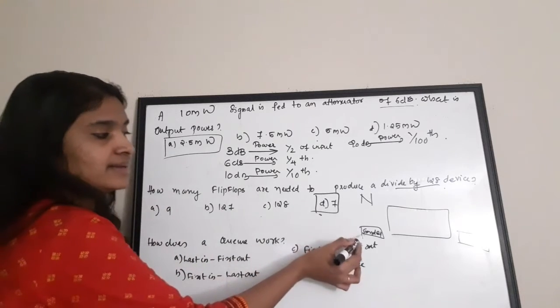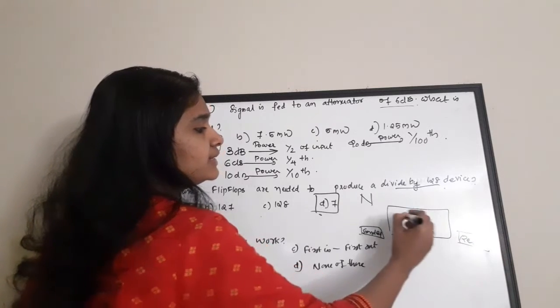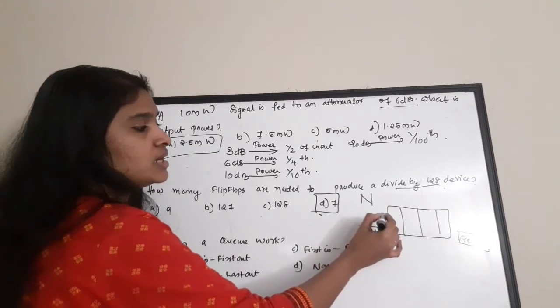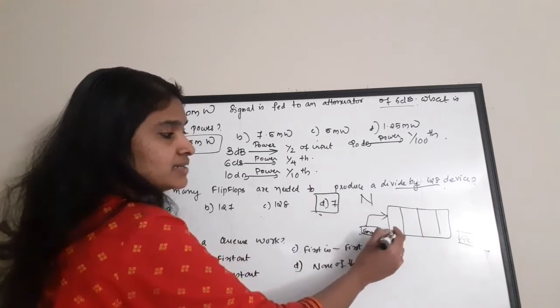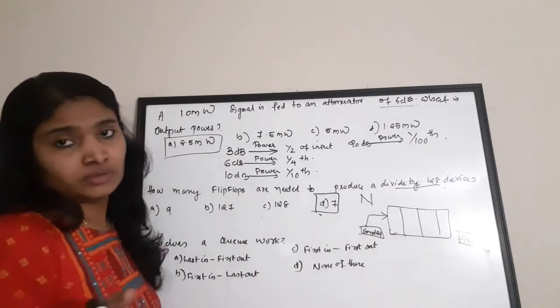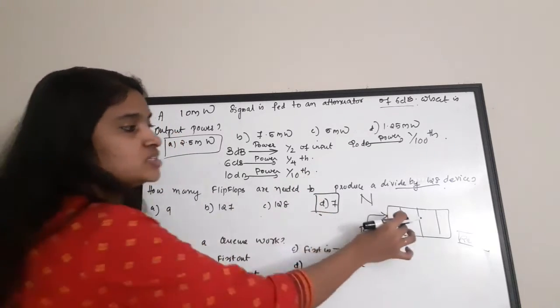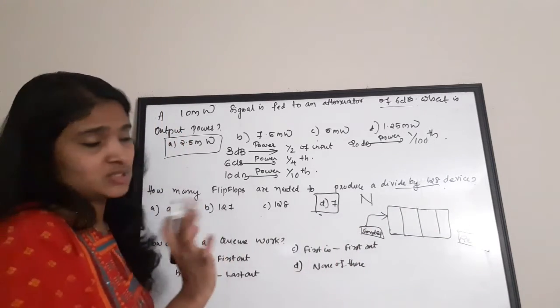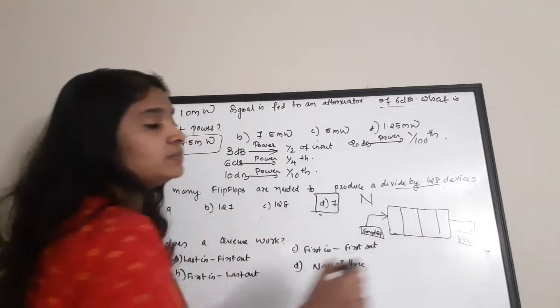Okay, so there will be a sender task, a receiver task, and a message queue. What will the sender do? The sender will put the message into the message queue. The condition is that the message queue should not be full. There should be some vacancy inside the message queue, some message spaces for the sender to put the message. And the receiver receives this message from the message queue.